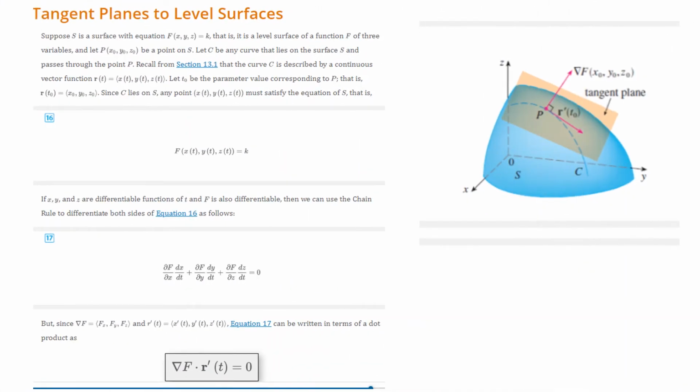We can also use this idea when talking about tangent planes to level surfaces. Suppose that S is a surface with the equation f(x, y, z) = k.